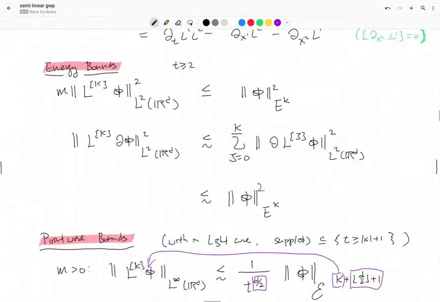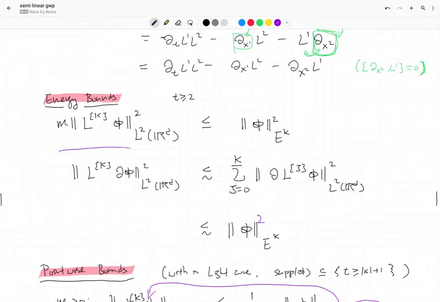Let's see the energy estimate here. This first one, we have the L2 norm of up to k derivatives bounded by phi in Ek. Similarly, if we have Lk of the derivative, for both wave and Klein-Gordon, this is going to be bounded by phi in Ek also. This is the rectilinear energy, the energy relative to the constant t slices.